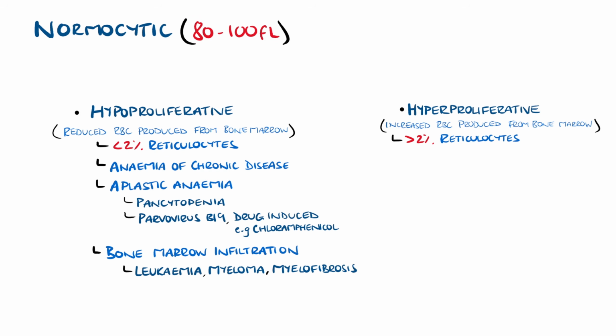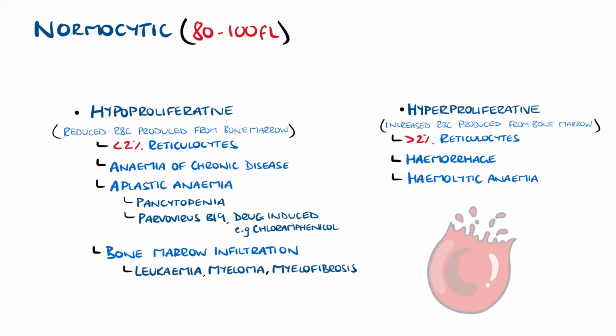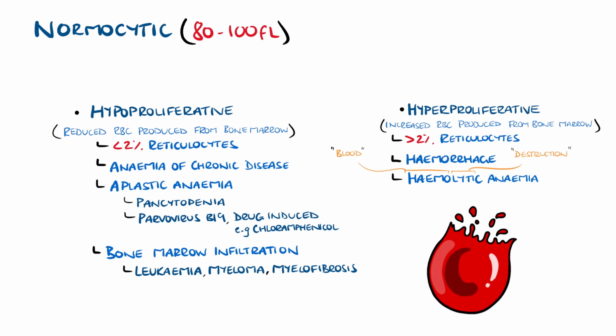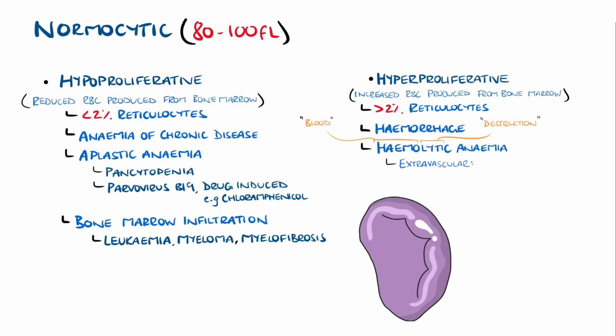As for hyperproliferative causes of normocytic anemia, these can include hemorrhage, as well as hemolytic anemias, meaning breakdown of red blood cells. These are divided into extravascular, meaning the red blood cells are destroyed outside the circulation, commonly in the spleen.